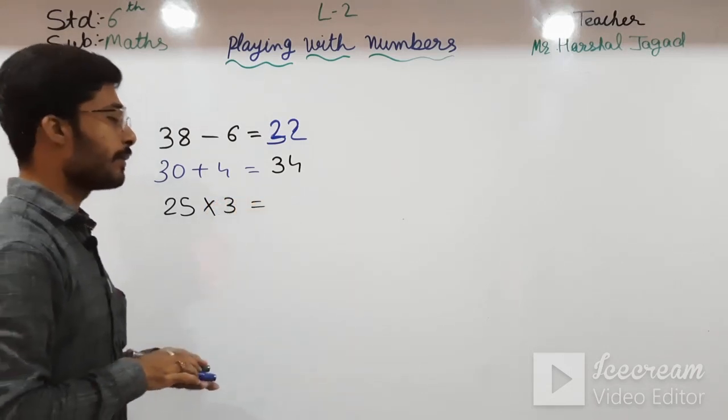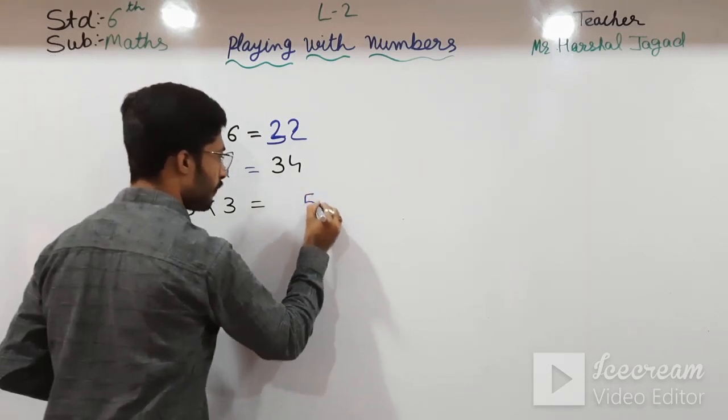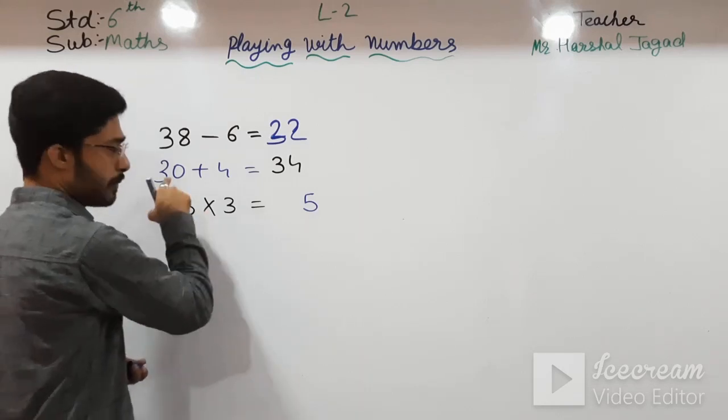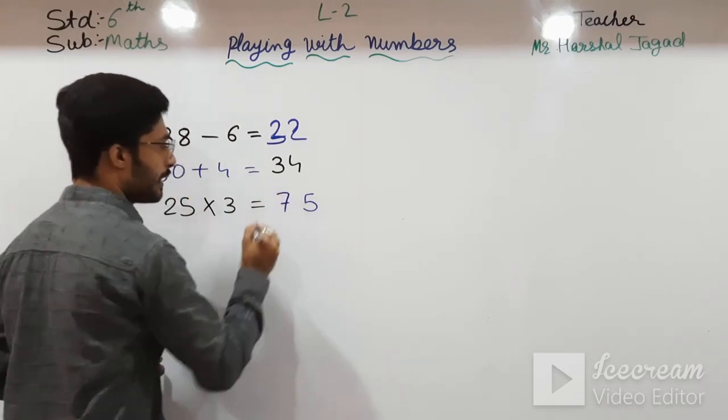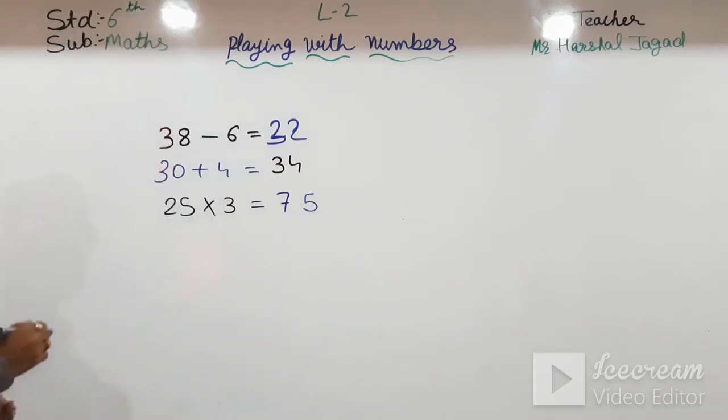Do the multiplication first by yourself. 5 3s are 15, 1 carry here. 3 2s are 6, 6 plus 1 is 7. The answer is 75.